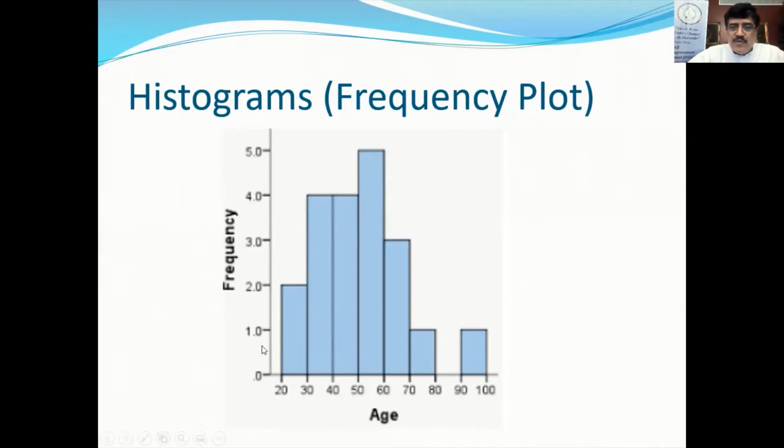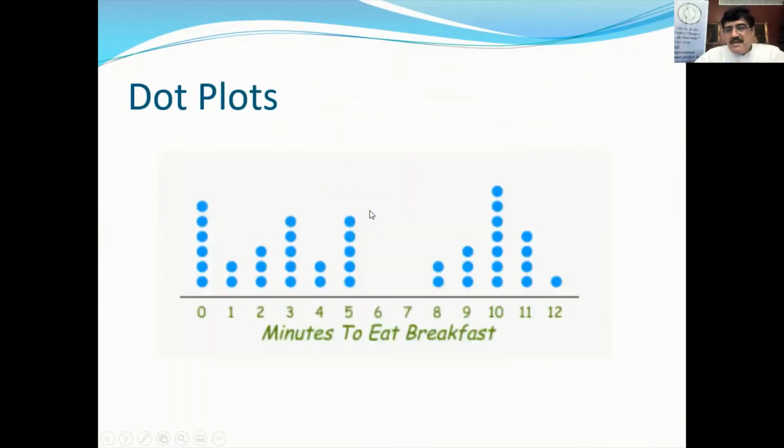So here we have 2 for 20 to 30, 2, 4, and so on. This is a similar one, but it's called a dot plot. It's just that instead of a height with a rectangle, here you're putting dots.